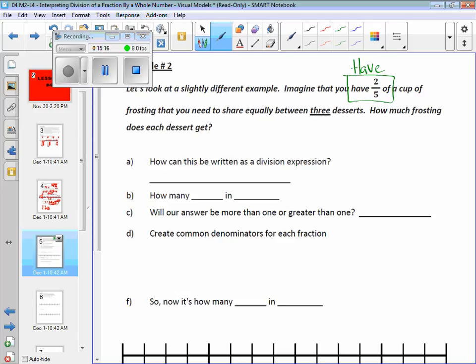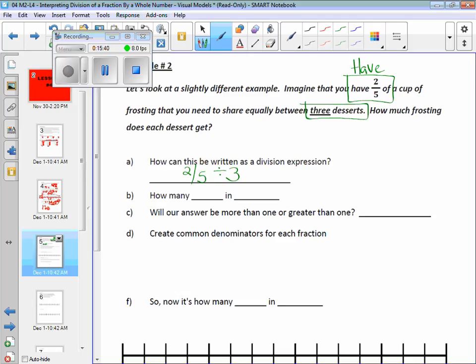You start with what you have. Okay, so it's going to be 2/5 divided by what? 3, because 3 is the number of desserts that you need to share it equally through. Does that make sense? Okay, so now we need to write our think statement.